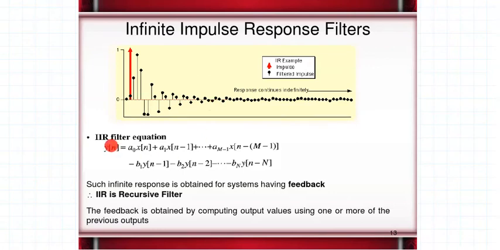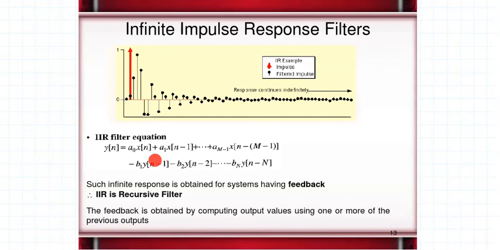What is the equation of your IIR filter? Your IIR filter has an equation as seen here. If you observe the equation carefully, the output y[n] is a function of the present input and past inputs, along with a certain dependency on past output values also.